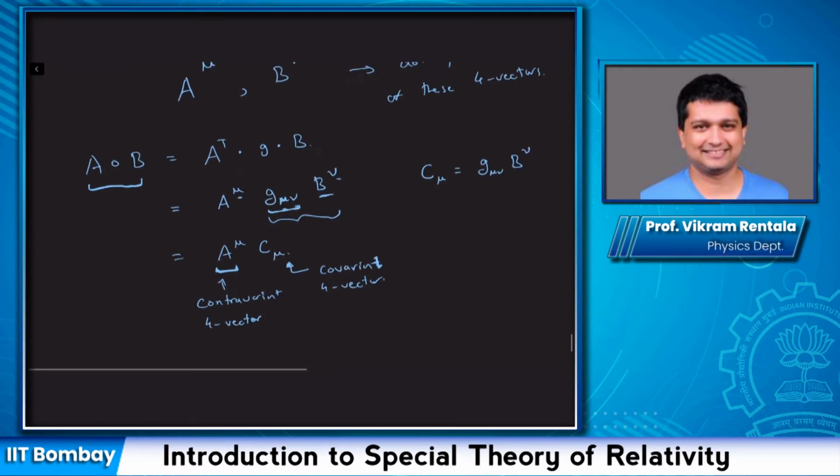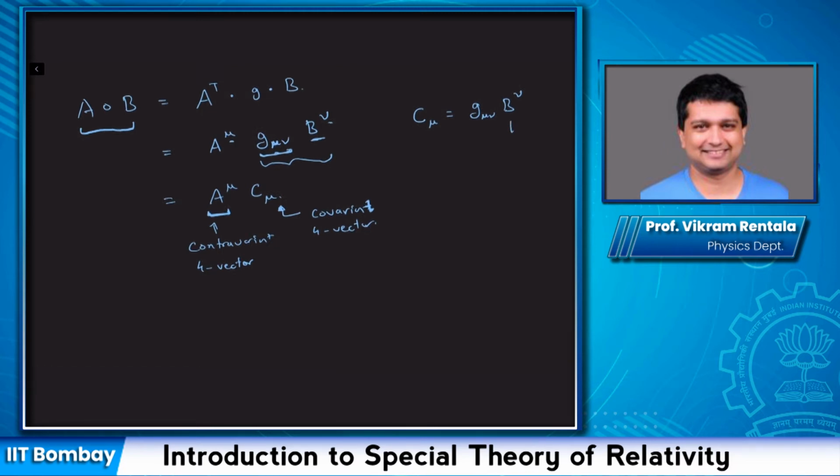One other thing I'd like to point out is that when you go from the contravariant four vector to a corresponding covariant four vector, you typically do not change the letter that describes it. So conventionally, B mu with a lowered index is related to B mu with an upper index through this transformation. This is the corresponding covariant four vector that corresponds to this contravariant four vector.